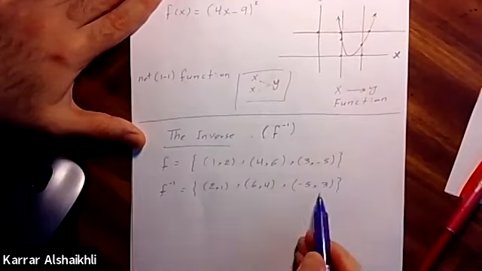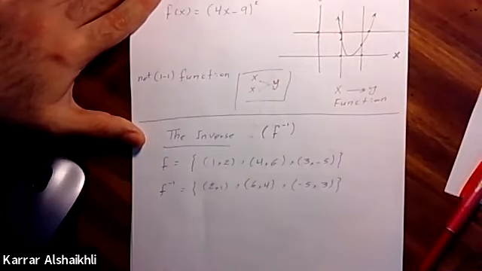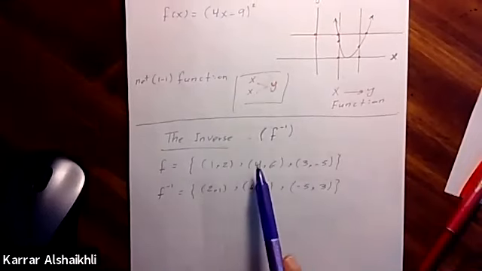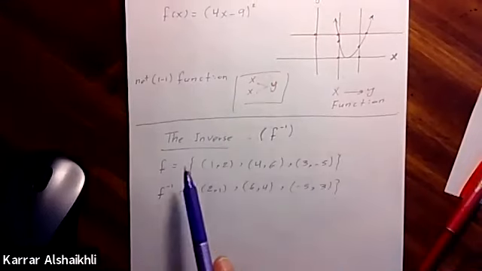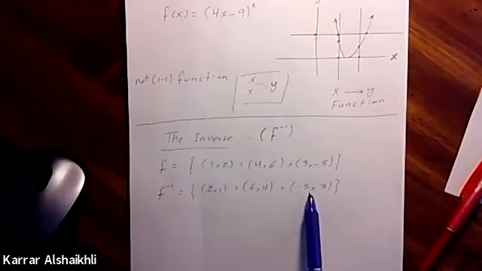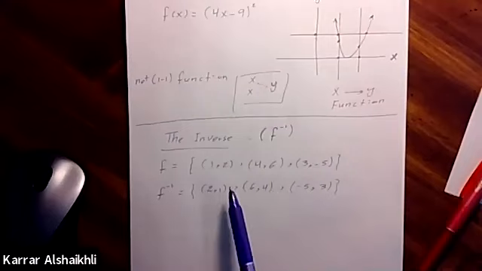So this is the inverse of a function. We're just going to flip the points to get the inverse of the function. If you graph these points, you will get the graph of f. If you graph the inverse, you will get the graph of the inverse of f. You will see that when we do an example.